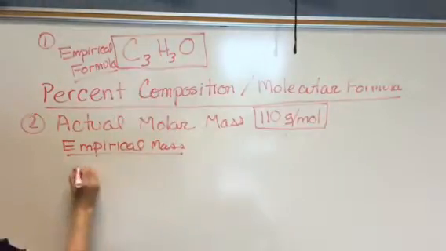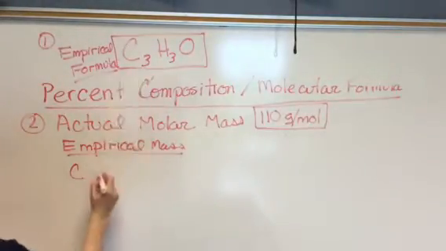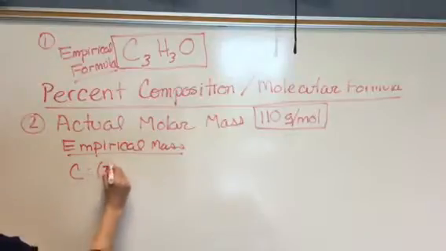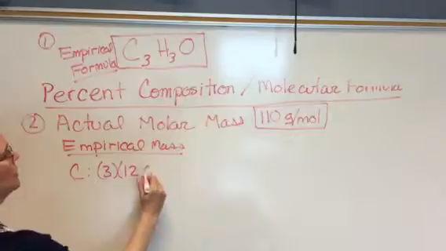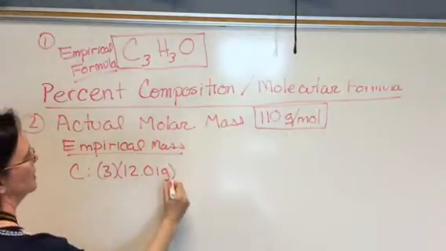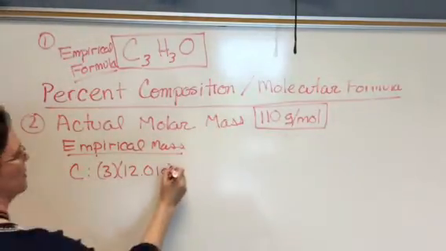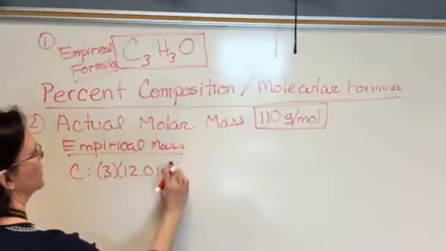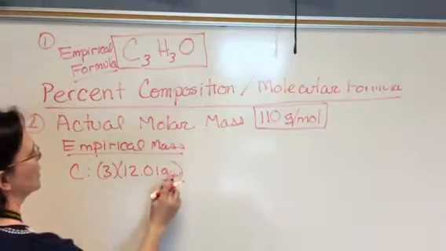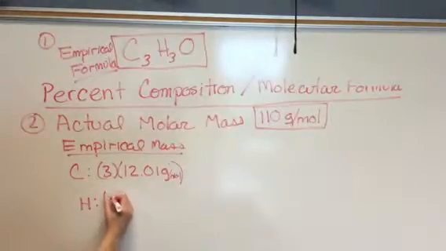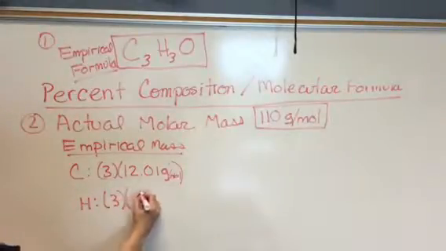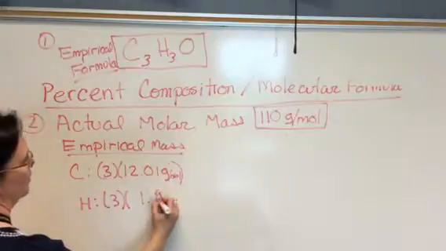So what we have for carbon, we have 3, that's our subscript, 3 carbons, and each of those weighs 12.01 grams, and I'm going to write grams per mole actually instead of grams. And then our hydrogens, we have 3 of those, and each of those is 1 gram per mole.